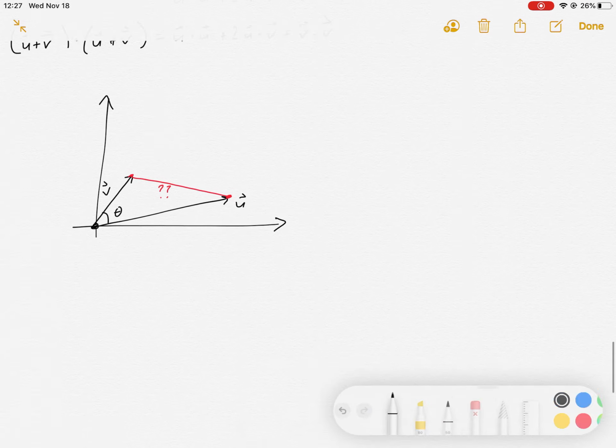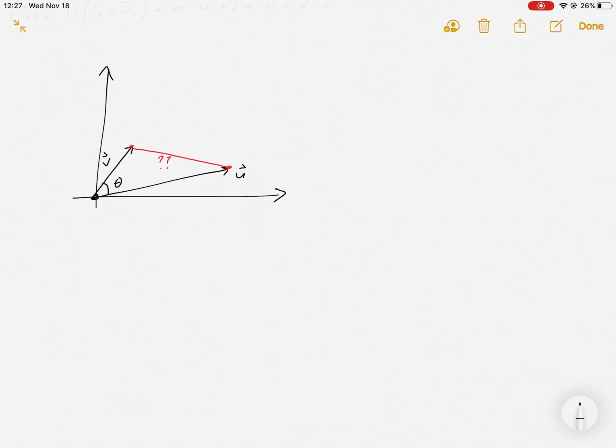You can get this if you think about what addition of vectors means. Let's resketch this over here. Let's say I have my u. If I add a vector to u, I would end up here. So whatever vector this is, my question mark vector, I would end up there, which would be v.